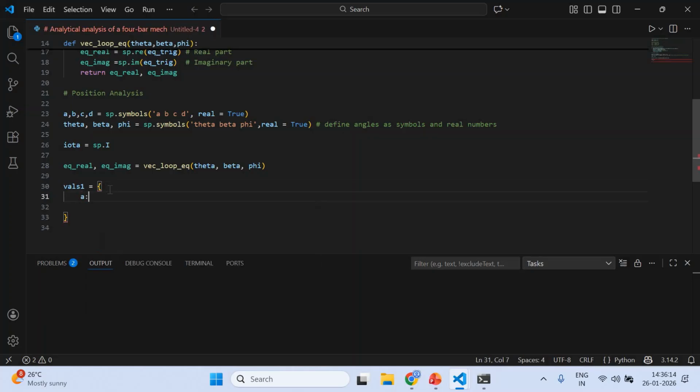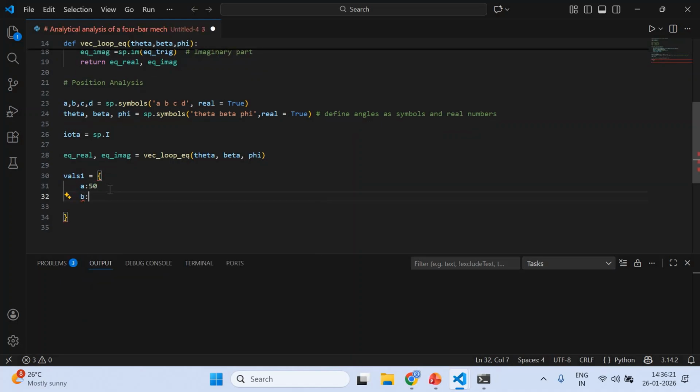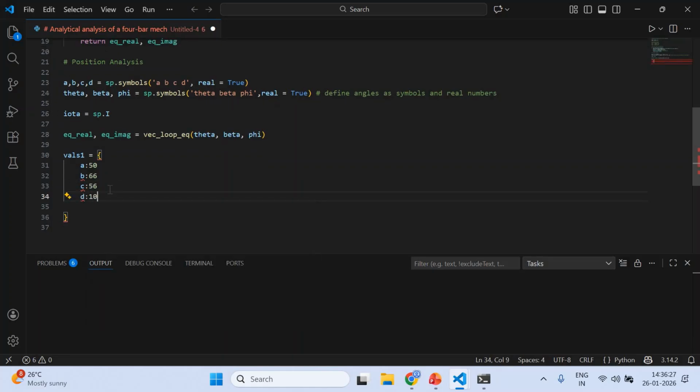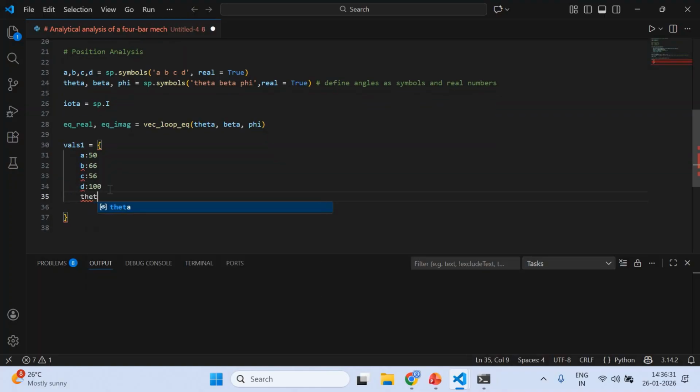So let's go one by one. We will say A is 50, B is 66, C is 56, and D is 100. Just keep in mind that all these values I am taking from the previous numerical problem that we solved.